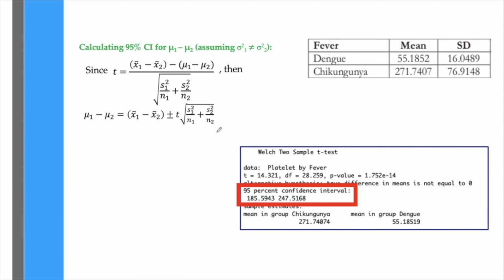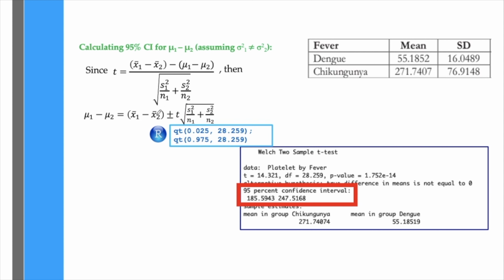The value of t may be computed using R as qt of 0.025 and qt of 0.975, and the degrees of freedom, in this case, is 28.259.